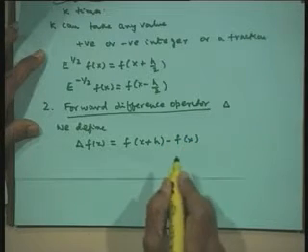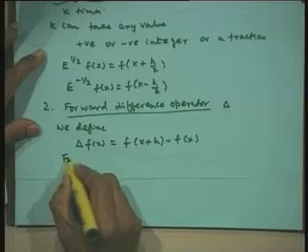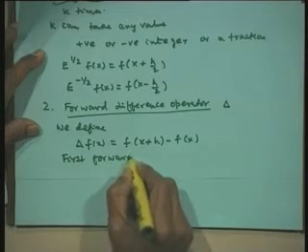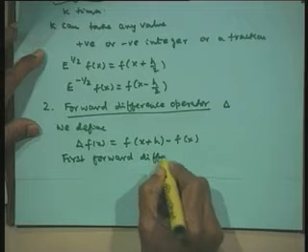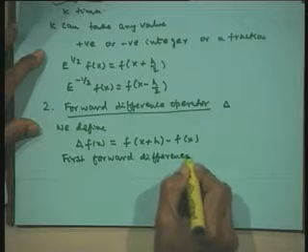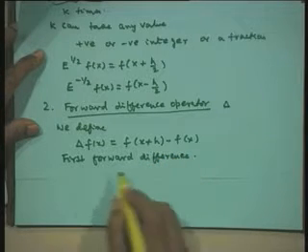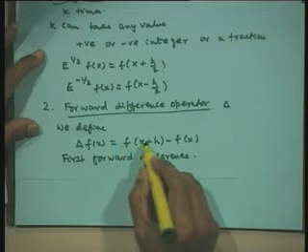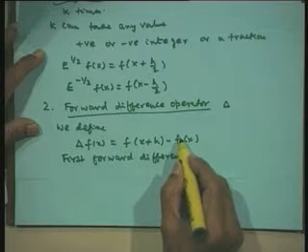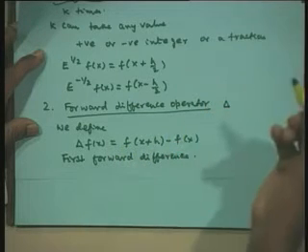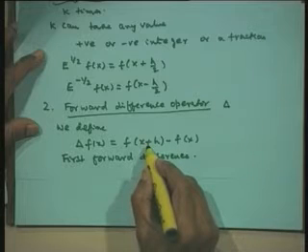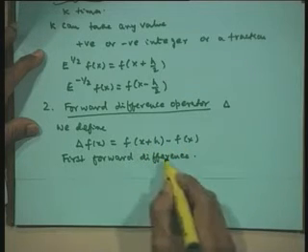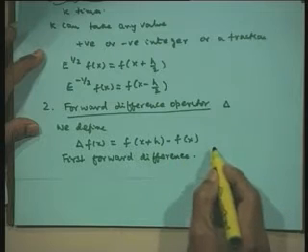We shall call this the first forward difference. Now, you can see why this name has been given. This is the difference in the forward direction, the difference between two successive points, that is the value at the next point minus the value at the present point, and that we are calling the first forward difference.